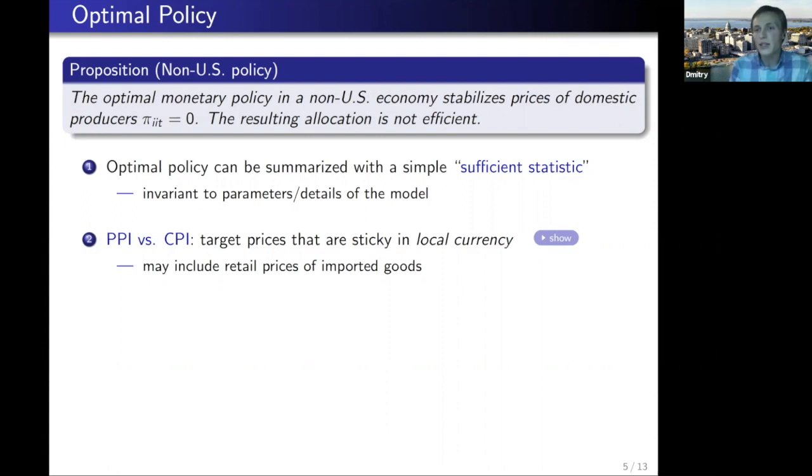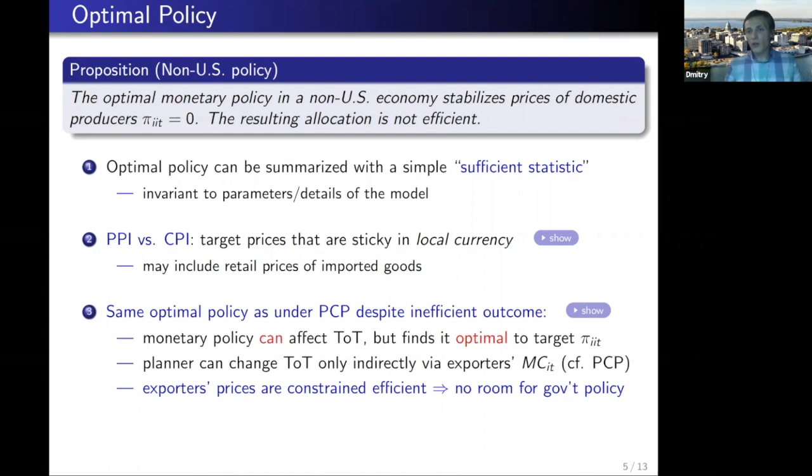So in practice, this optimal target might be closer to CPI than to PPI. To be more precise, and that's something we show in the extension of the model, this optimal price index includes all goods which have prices sticky in the local currency. What matters is not where the good was produced, but what currency it is invoiced in.